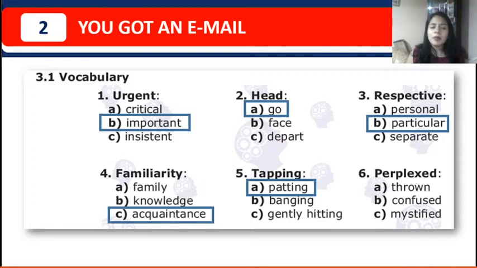And what about number 6, guys? The next and the last. Here you have perplexed. Thrown, confused, or mystified? What do you think is the correct answer, please?